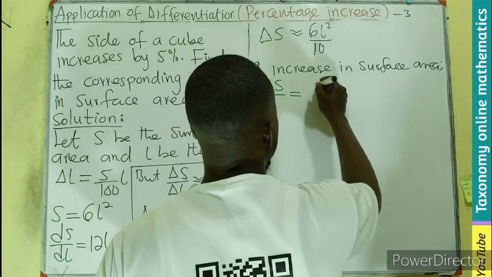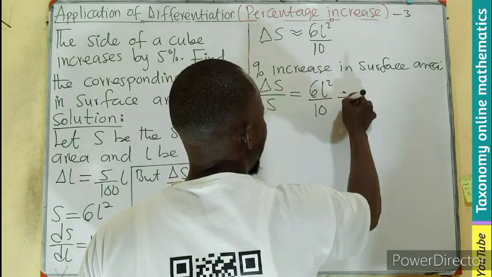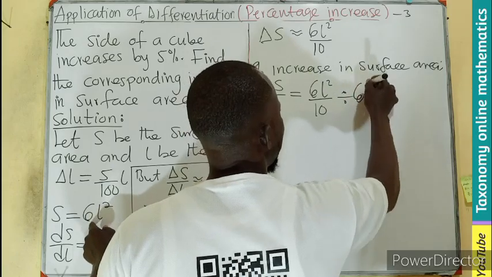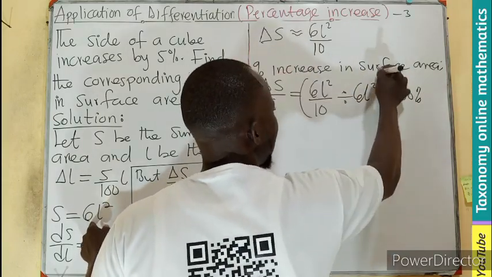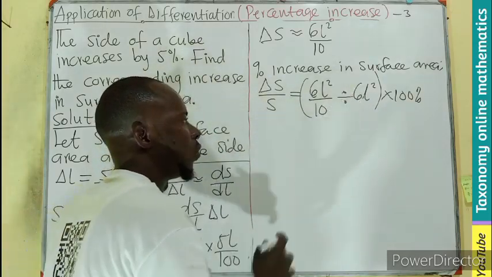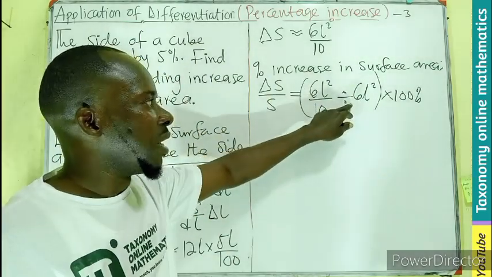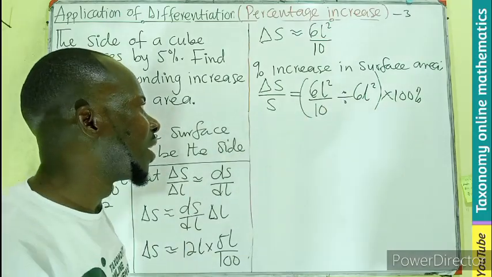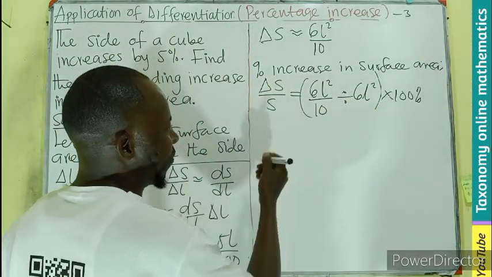That simply means that our 6L squared over 10 divided by 6L squared times 100%. We are dividing the whole of this by this. This is a fraction, hence, I introduced the division sign. So we can change this to multiplication and flip the second fraction.